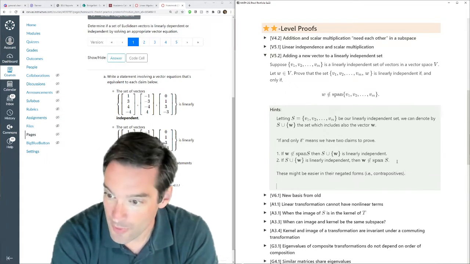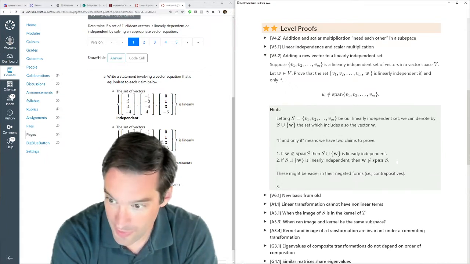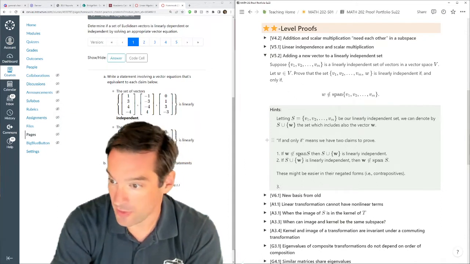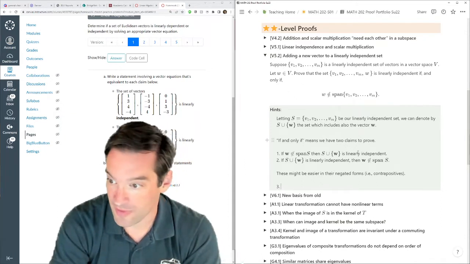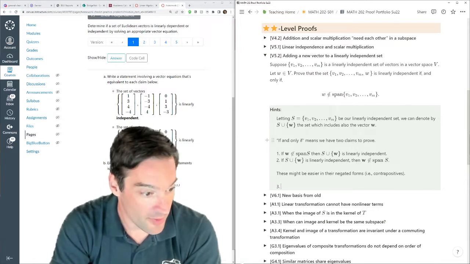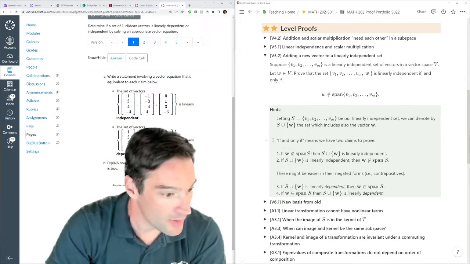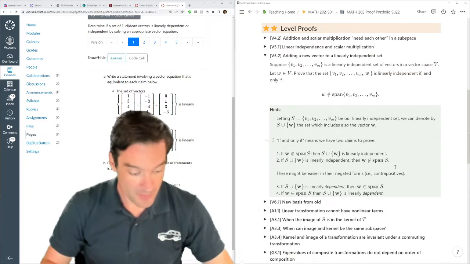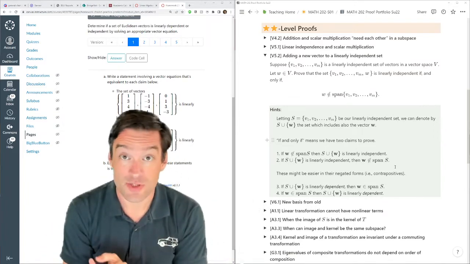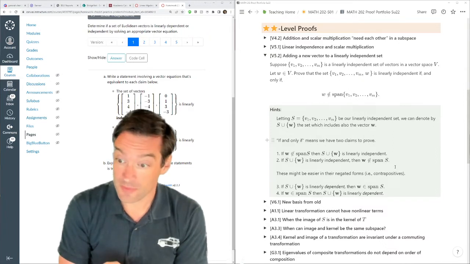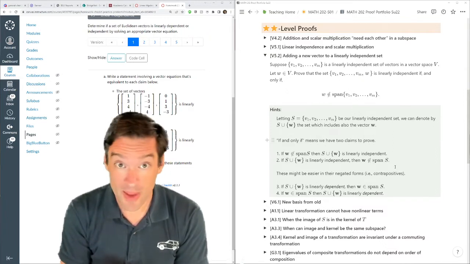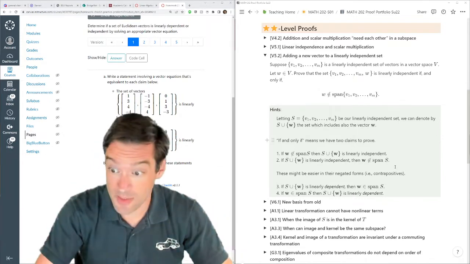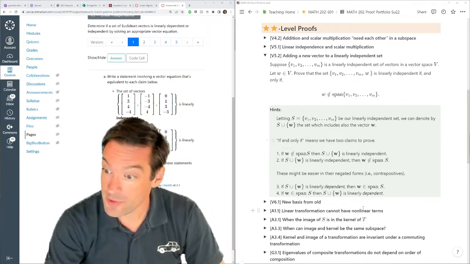So let's write out what those contrapositives would be. I'm going to call them 3 and 4. So what would the contrapositive of the statement, if W doesn't belong to the span, then the augmented set of vectors is linearly independent? What would the contrapositive be? What's nice about negating these things is that it's a lot easier to use the definition of span to say if W does belong to the span, then there exists a linear combination of the vectors in S that produce us W. Same thing with linear dependence.